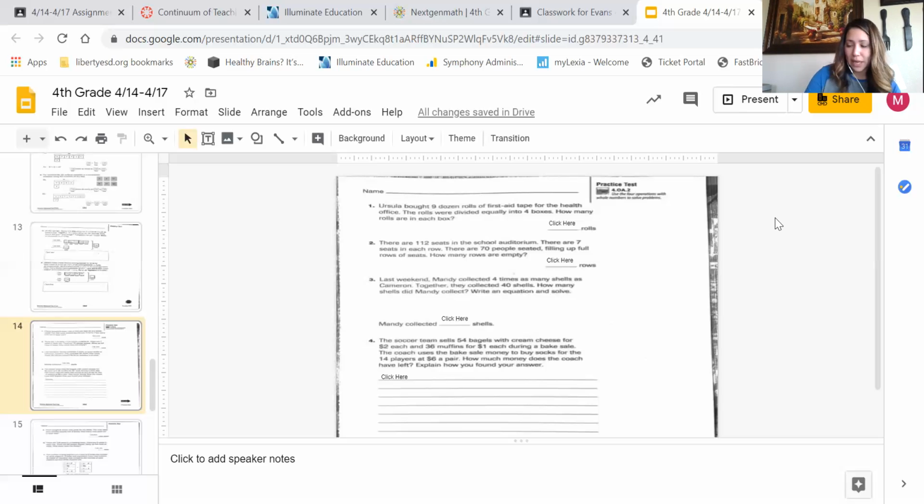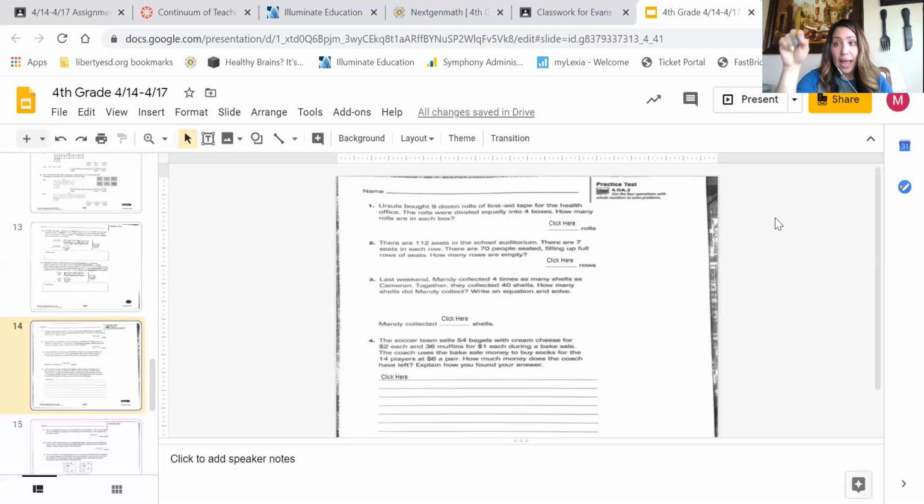You might want to write that number down, keep it to the side. But now I know out of 112 seats, 70 are already taken. So I'm going to take 112 and subtract 70. I'm left with 42 seats, right? I have 42 seats are empty, but it's not asking me for seats. It's asking me for rows.